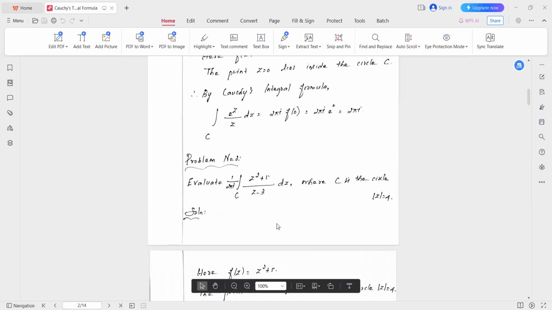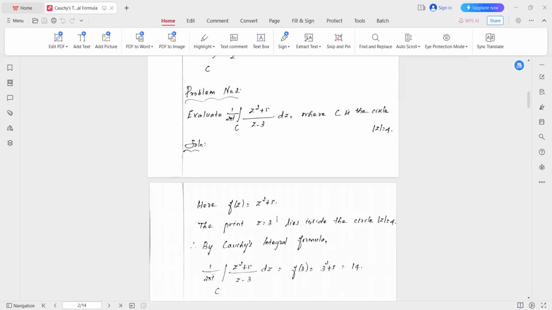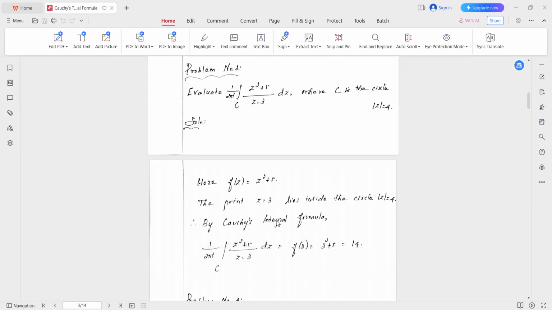So next we move to the next problem, problem number 3. Evaluate 1 by 2 pi i integral over C of z square plus 5 by z minus 3 dz, where C is the circle, modulus of z is equal to 4. Here they have given the function as z square plus 5 by z minus 3.